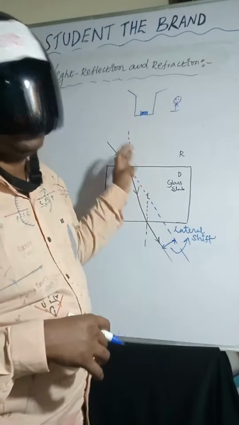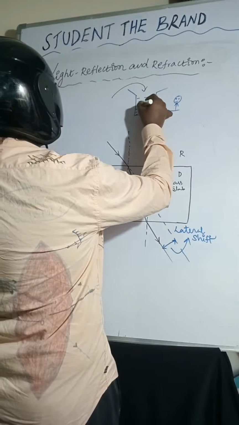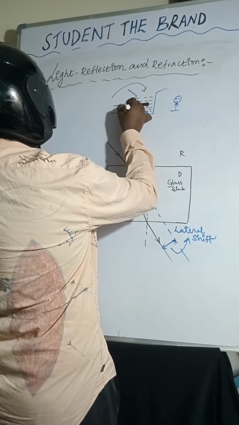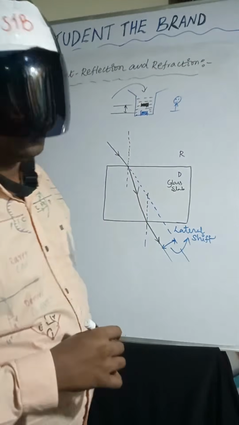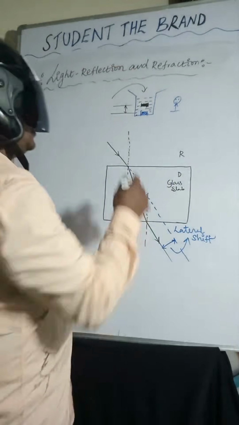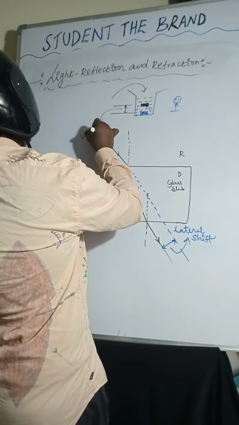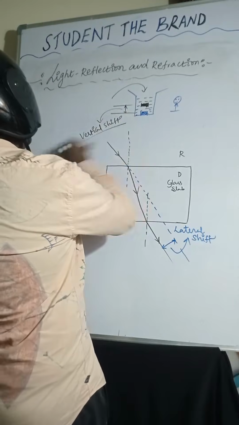The position will rise up here. So the distance between the actual position and the apparent position of the coin is called vertical shift.